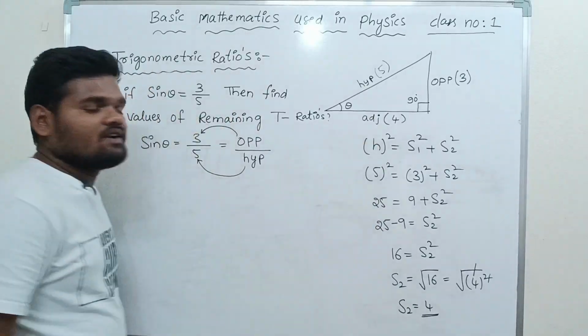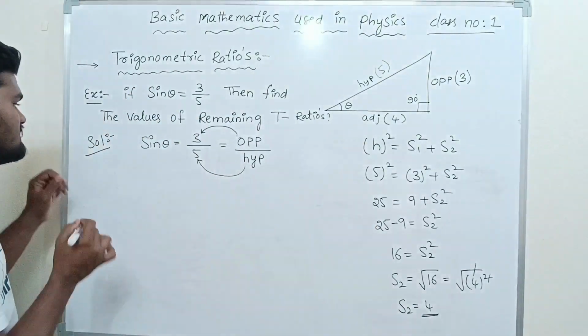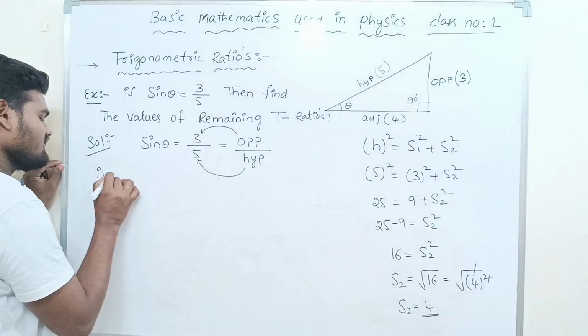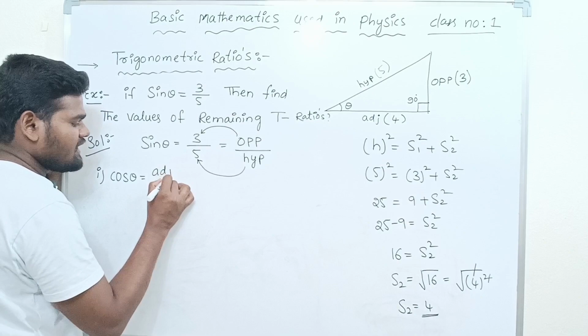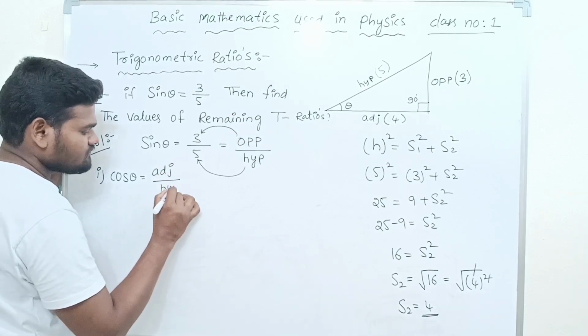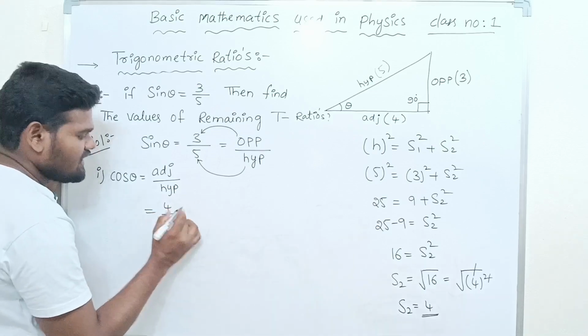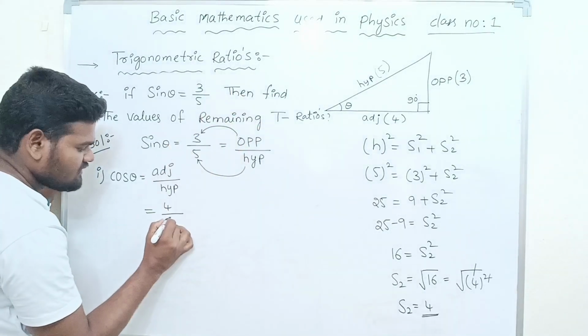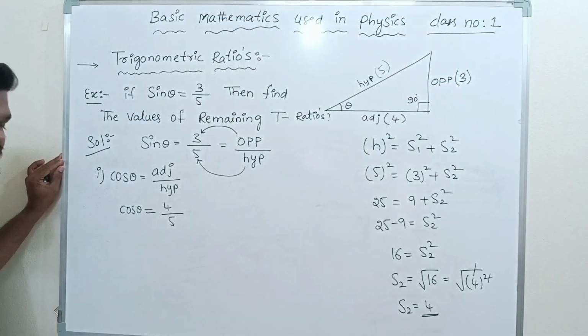4. Now we can easily find all the trigonometric ratios. The first one is cos theta. Cos theta is adjacent side by hypotenuse. The adjacent side is 4, divided by hypotenuse 5. So the value of cos theta is 4 by 5.